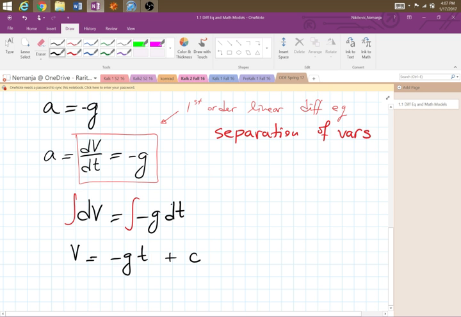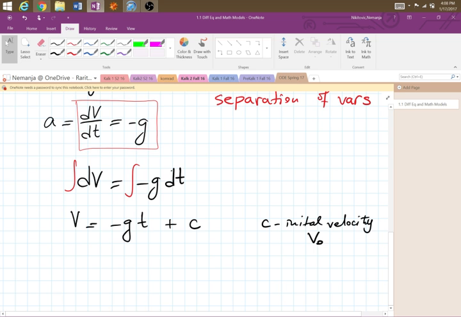Now you're looking at this formula and you're trying to figure out what is this. Well, this c is actually your initial velocity. Usually called v0 in your physics courses.